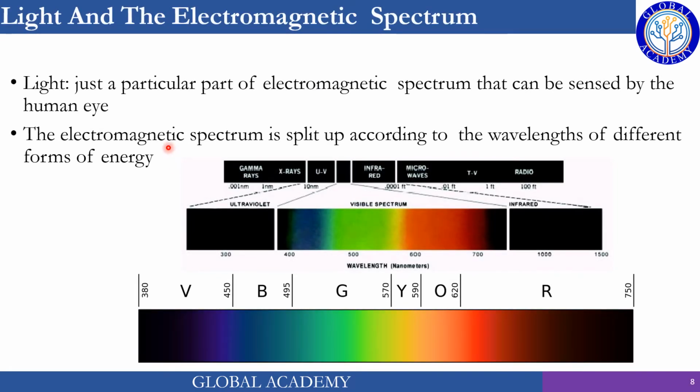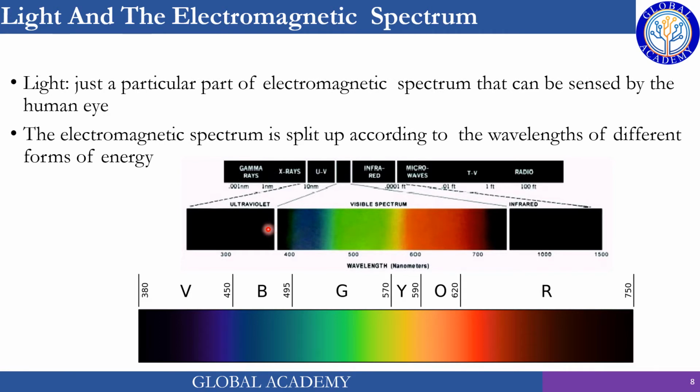Light has an electromagnetic nature, and the human eye can only see the visible spectrum, just like we can hear 20 hertz to 20 kilohertz, whereas frequencies do exist beyond this range. The visible range is 380 nanometers to 750 nanometers.